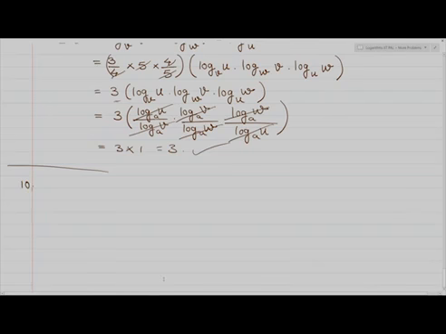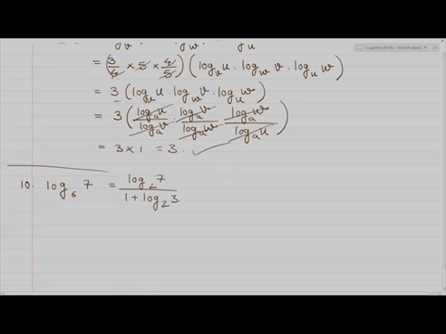Question 10. So again the same set of techniques will be used. I have log to the base 6 of 7, and I am asked to show that this is equal to log of 7 to the base 2 upon 1 plus log of 3 to the base 2.